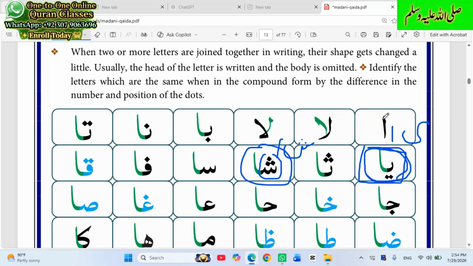Let's get started. First letter, Alif. Alif, repeat after me. Lam, Alif. Lam, Alif. Ba, Alif.